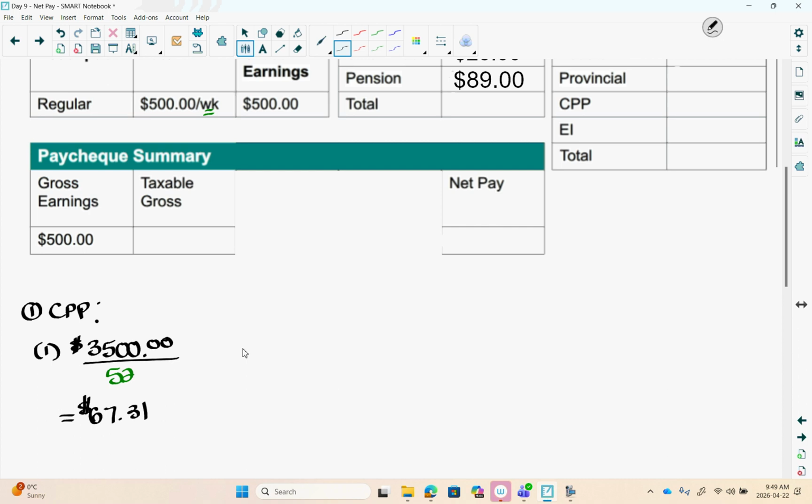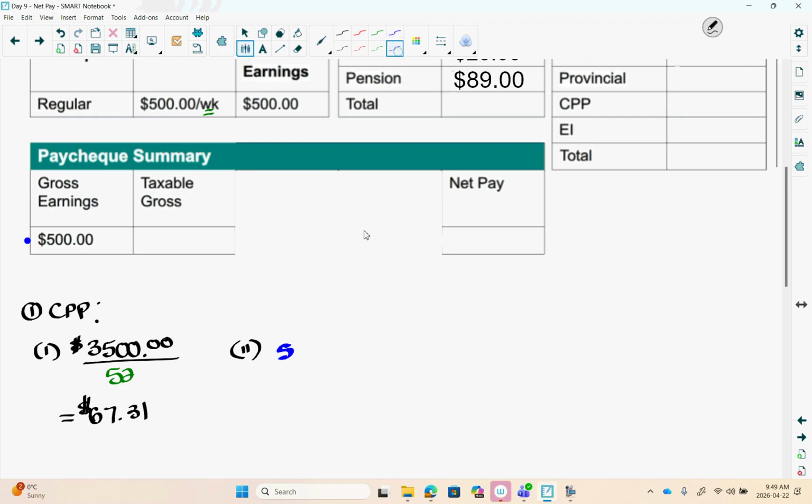What do I do with that number? How does step two work? What do I do in step two? I take the gross earnings. What are the gross earnings? $500.